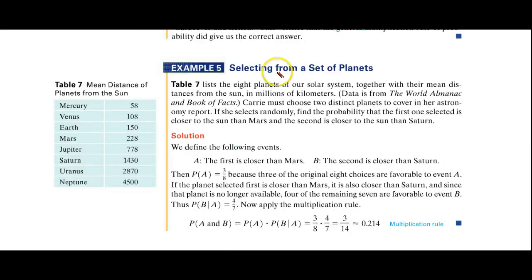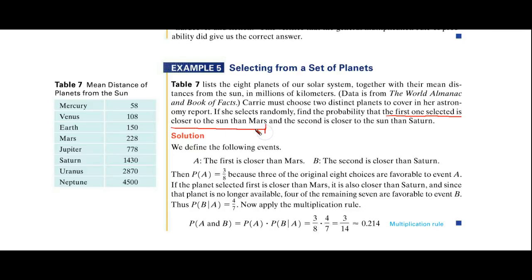In example 5, we're going to select from a set of planets. And here nicely the planets, I see that Pluto is no longer mentioned. That's a sub something or other. All right, let's take a look at this now. It says find the probability that the first one selected is closer to the Sun than Mars.